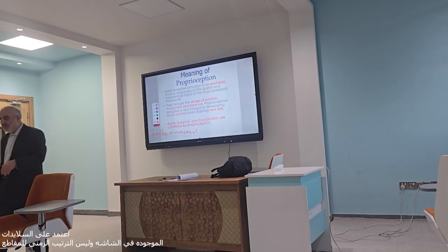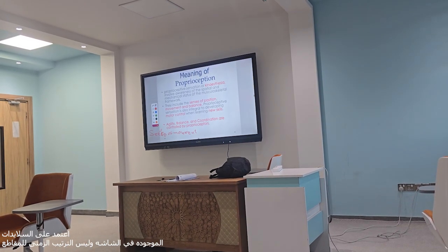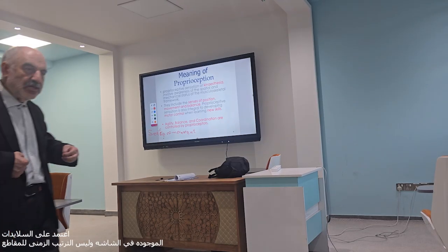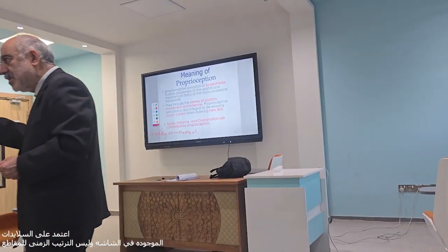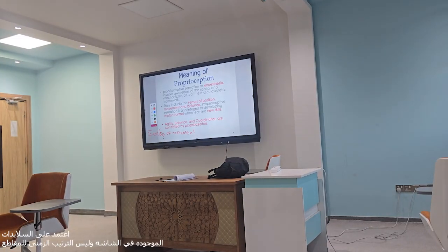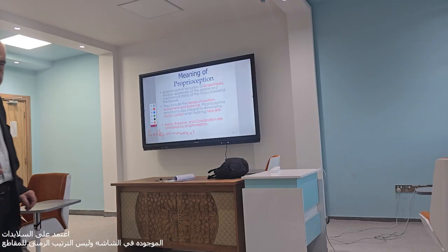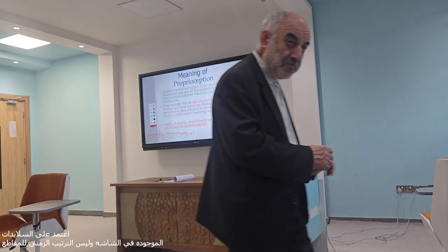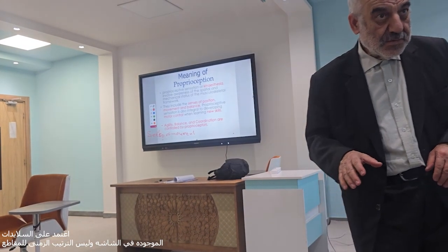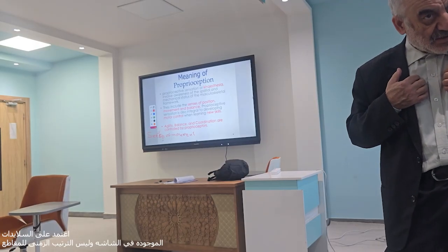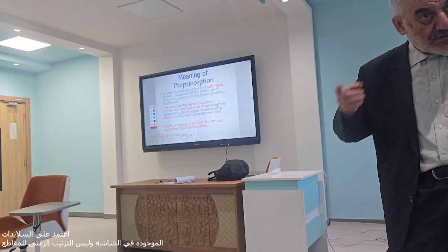For example, you go for a sport and you learn new skills in that sport. This means that you have a good proprioception, and by repeating, you find some new skills. You see, some sportsmen are very skilled. I have no skill, but that sportsman has a lot of skills.